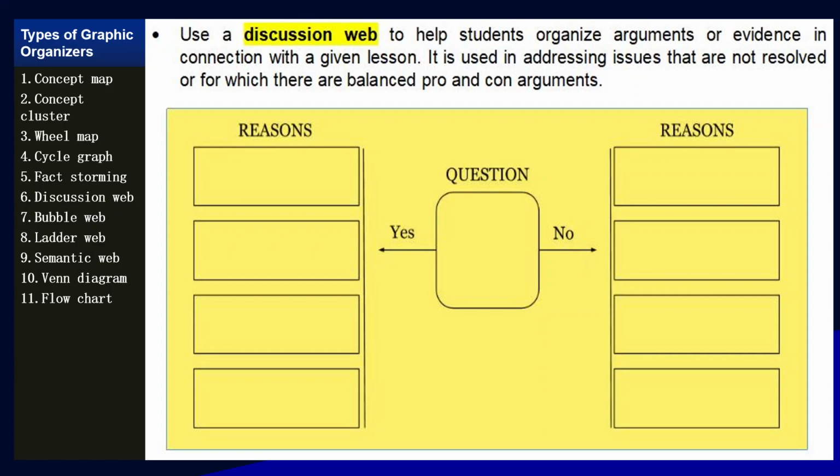It just shows the various reasons. If you agree with abortion, you should put your reasons there in the box. While on the other hand, if you say no, you should put your reasons here. Or you can just put many questions, then put many reasons in those boxes. So it's very easy to convey, and that is the purpose of graphic organizers.